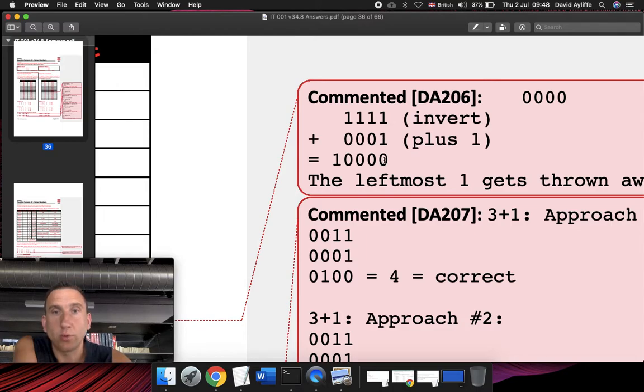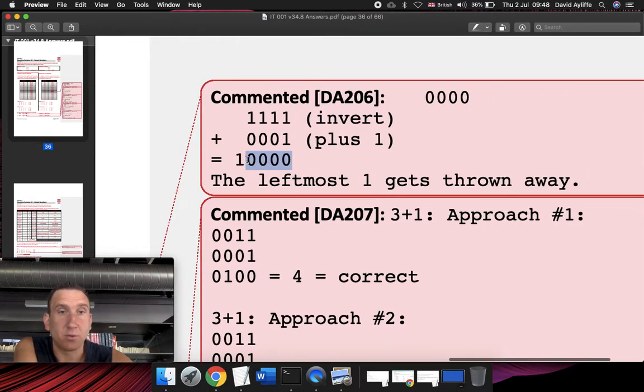1 and 1 is 2. So 0 carry 1. So we carry 1 here. 1 and 1 is 2. Again, 0 carry 1. 1 and 1 is 2. 0 carry 1. Yeah, so we're carrying into space which isn't ours, because this is just a 4-bit number, that's all we get.